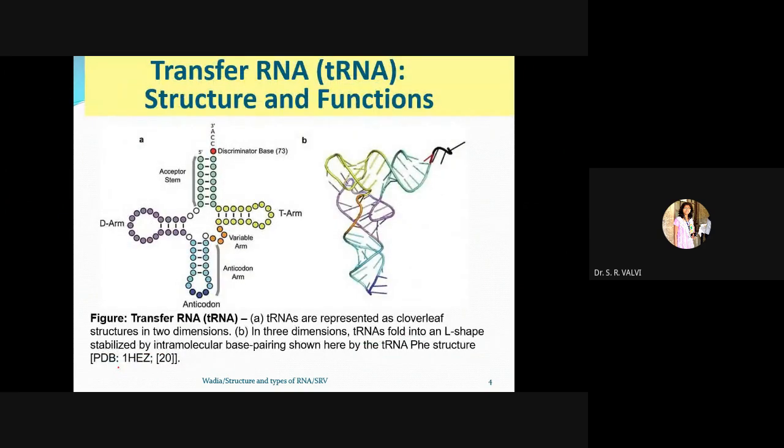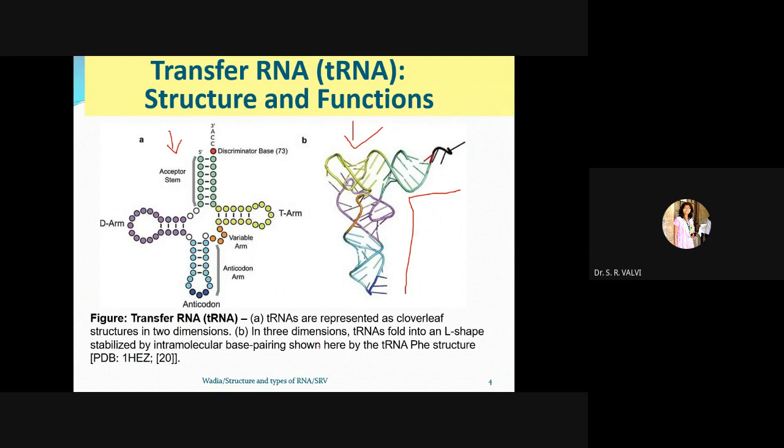Now you can see the structure: this is a two dimension structure, and this is a 3D, three dimension structure, where you can observe the L shape of this tRNA.